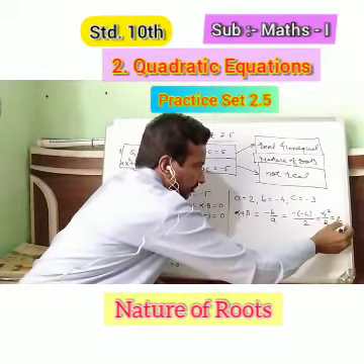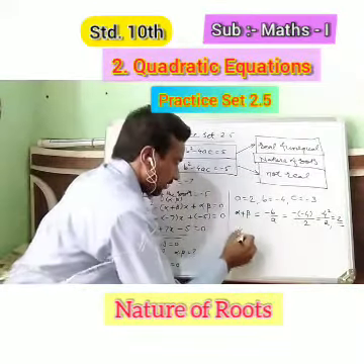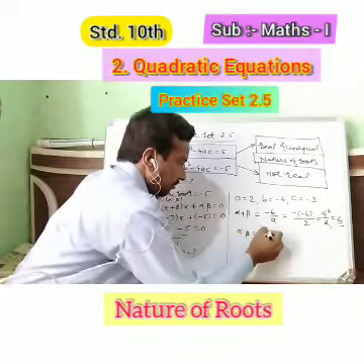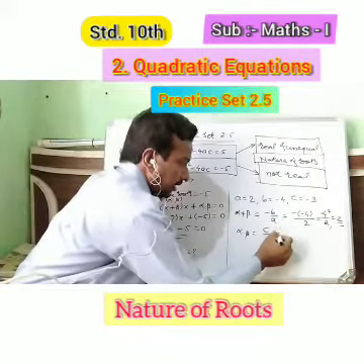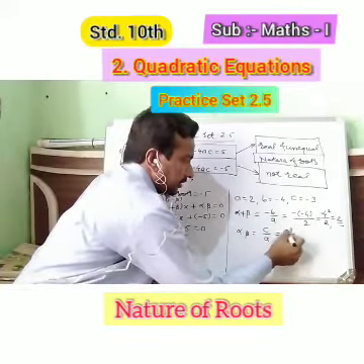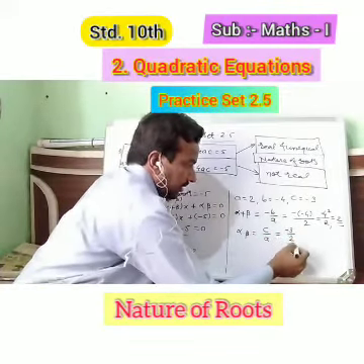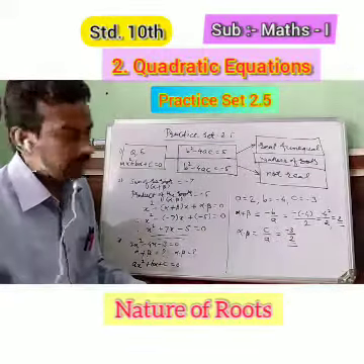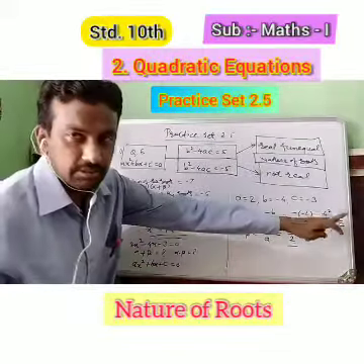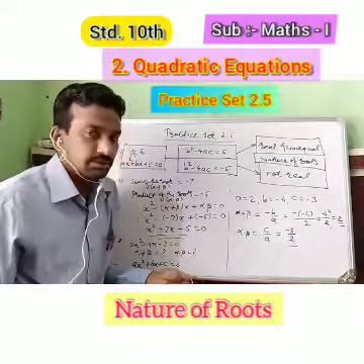It is equal to 2. Means value of alpha plus beta is 2, and alpha into beta, the formula for that is c upon a. Put the values, c is minus 3 and a is 2. Means value of alpha into beta is minus 3 upon 2. So alpha plus beta is equal to 2, and alpha into beta is minus 3 upon 2.